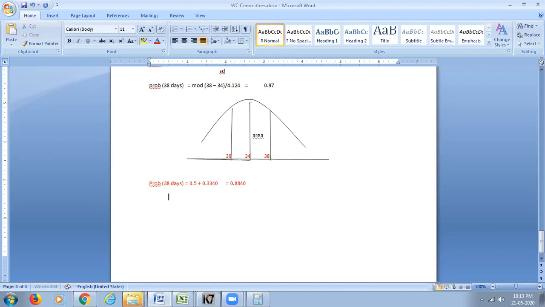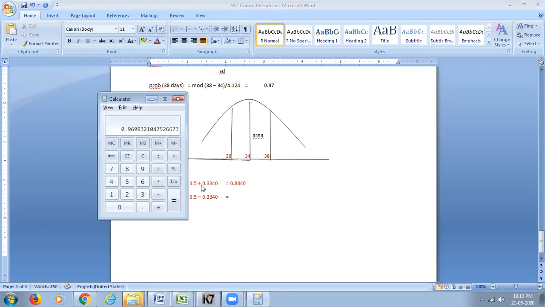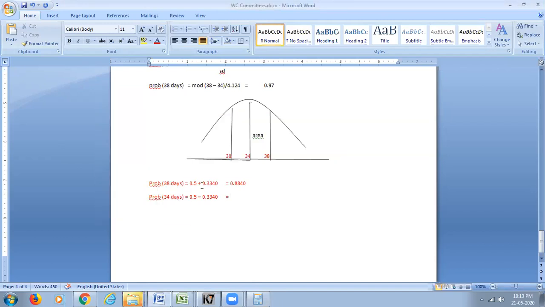So it is going to be 0.5 minus 0.3340, which is 0.166, right? And this is PERT.